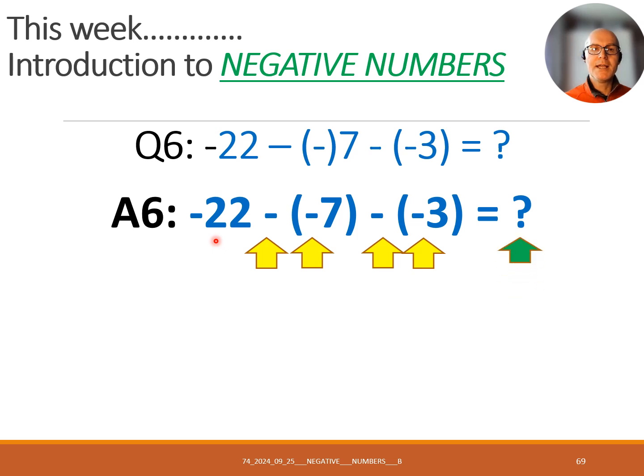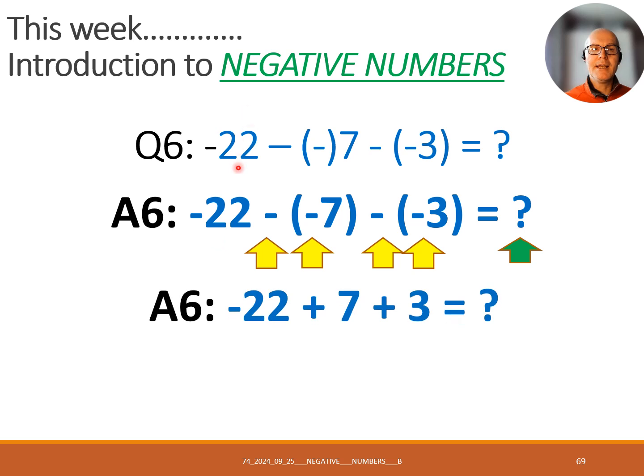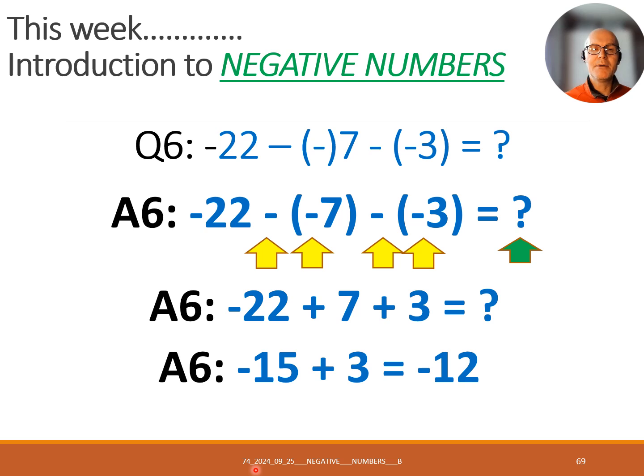So negative 22 subtract negative 7 subtract negative 3 changes to negative 22 plus 7 plus 3. So BODMAS, negative 22 plus 7 is negative 15. Negative 15 plus 3 is negative 12. Negative 22 subtract negative 7 subtract negative 3 is negative 12.